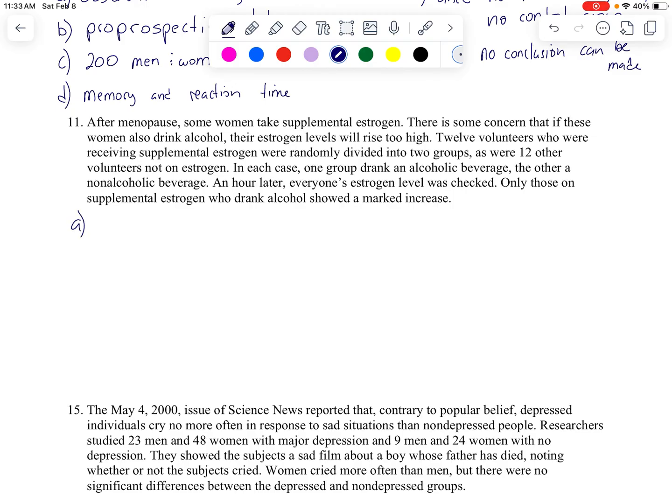So, question A, was this an observational study or was it an experiment? This was an experiment, because we imposed a treatment.